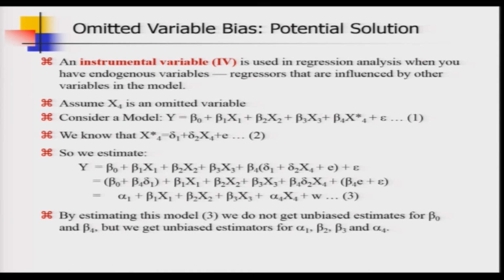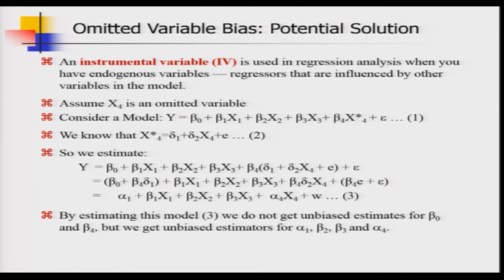Now note that we land up getting a completely new intercept term. So here if you look at the second line for the expression for y, the new intercept term has become beta naught plus beta 4 times delta 1, and I am introducing a new symbol to represent that in simple manner, and that is alpha 1.